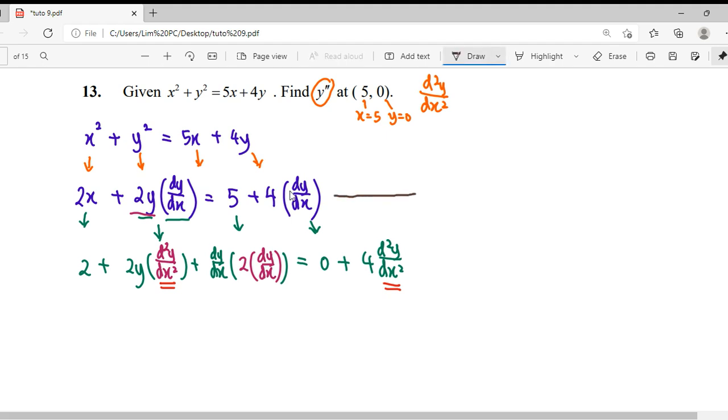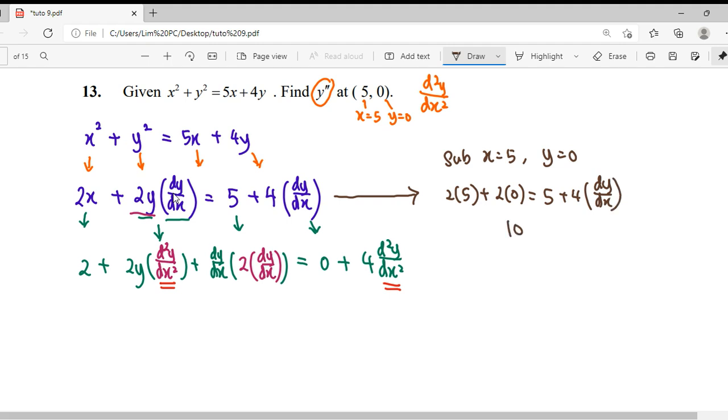We use the equation from our first derivative. We substitute x equals 5, y equals 0 in order to find the value of dy dx. So it will be 2 times 5, and then 2 times 0, which gives 0. Equals 5 plus 4 dy dx.